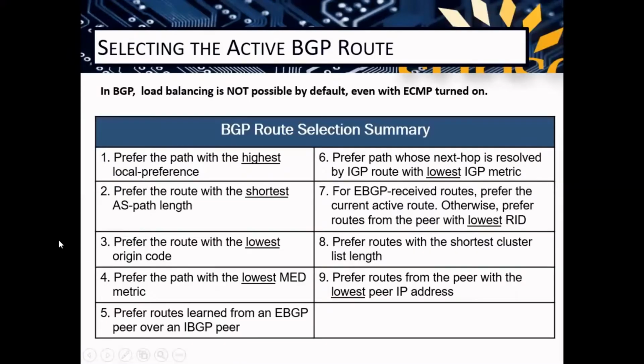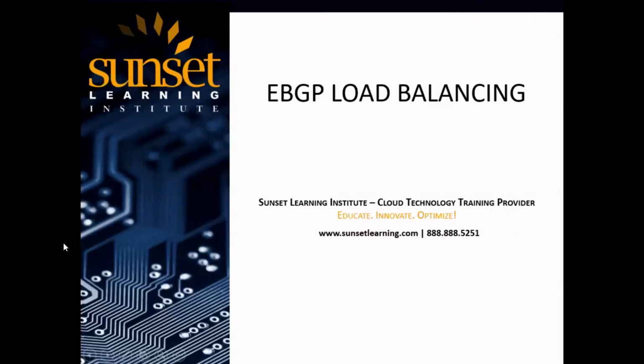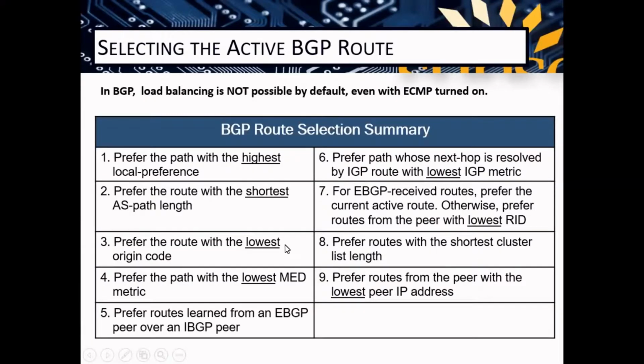All right, so the next one that we're going to talk about is EBGP. And actually, the first part of this section applies to IBGP as well. We know that BGP doesn't have load balancing by default, just like the other protocols. But not only that, load balancing is not possible by default, even if you have ECMP turned on, even if you have that policy applied to the forwarding table.